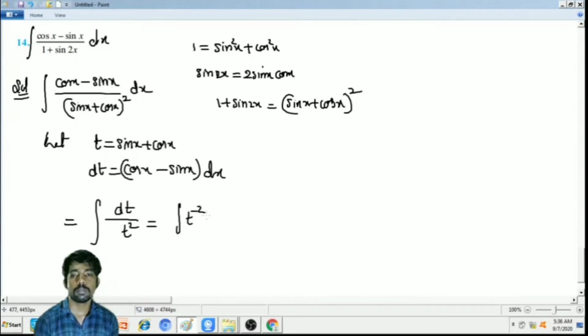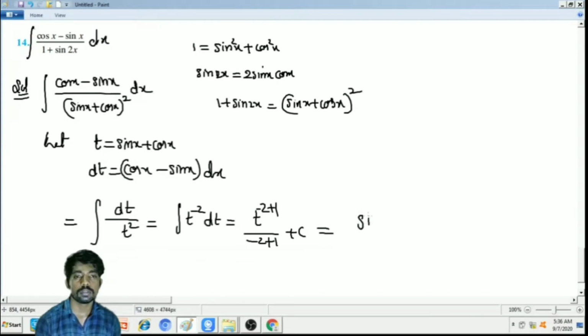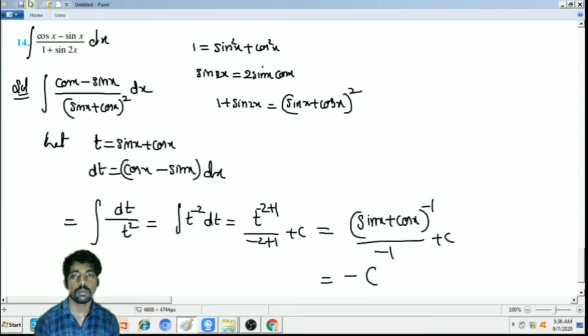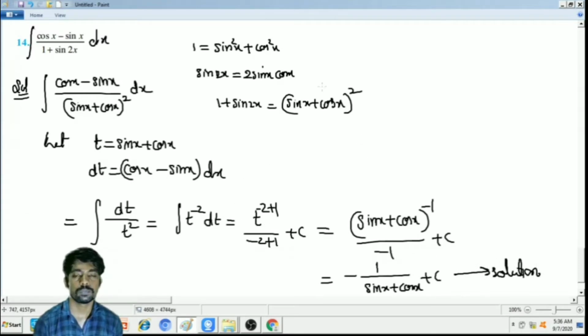If I integrate t to the power of minus 2 dt, I get t to the power of minus 2 plus 1 by minus 2 plus 1 plus c. Here t is sin x plus cos x, so (sin x plus cos x) to the power of minus 1 by minus 1 plus c. Hence the solution will be minus of 1 by (sin x plus cos x) plus c. That's all. This is the solution.